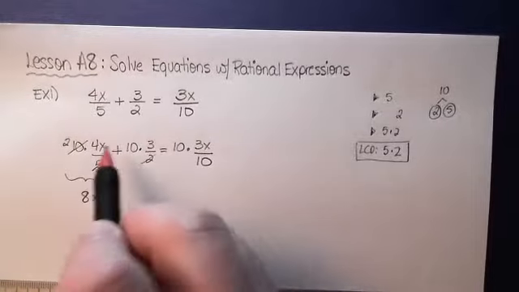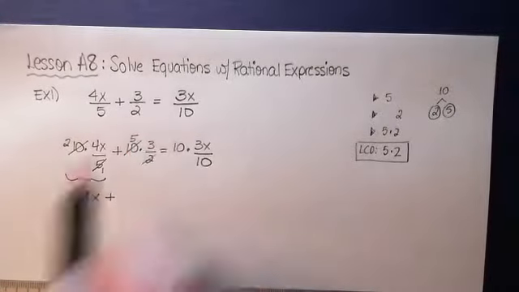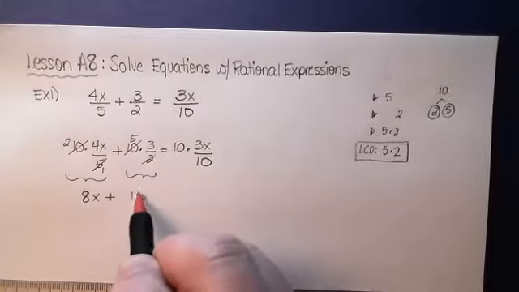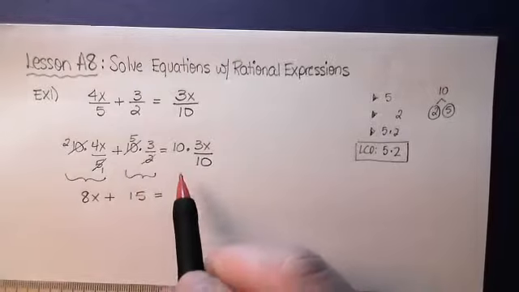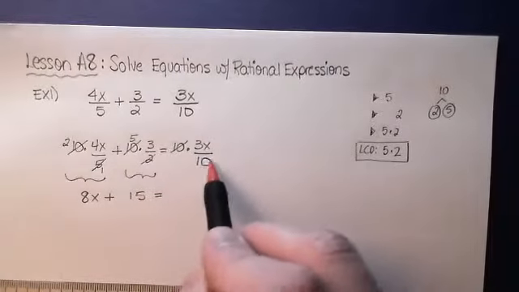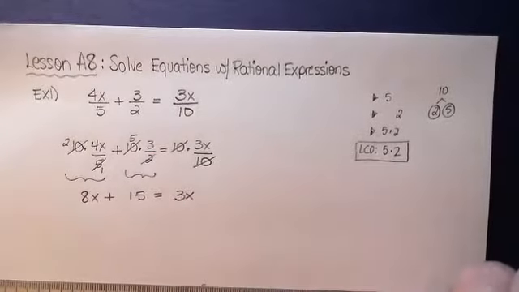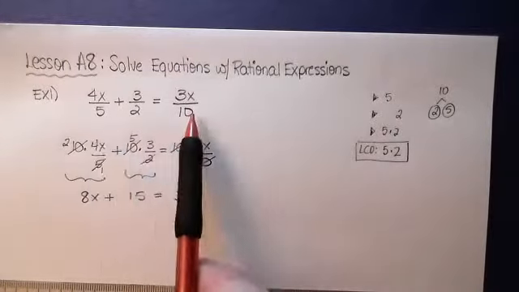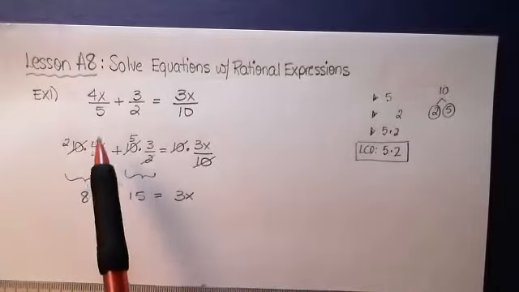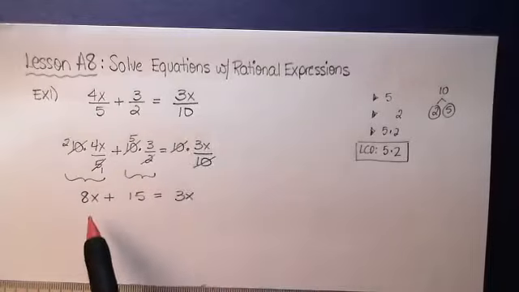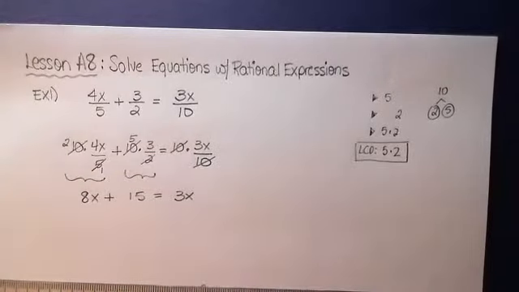This one, I'm going to cancel the 2 with the 10, so this becomes a 5, and 5 times 3 is 15. And the last one, the 10 cancels with the 10, and you're left with 3x. And notice, I got rid of the fractions, and I have a very simple equation to solve. So the whole idea is, whenever you have an equation with fractions, find the least common denominator, multiply each term by the common denominator, and by doing that, you get a new equation without fractions.